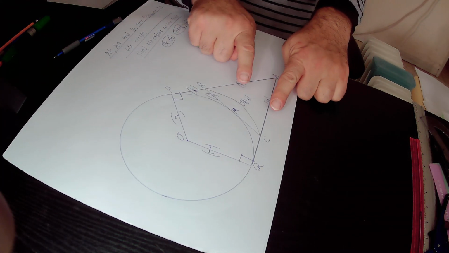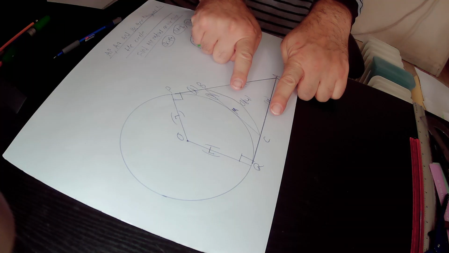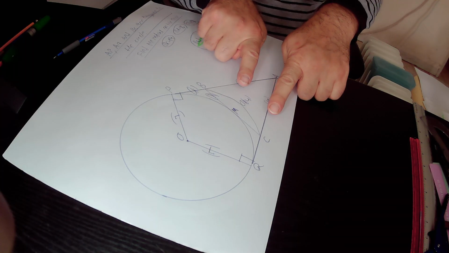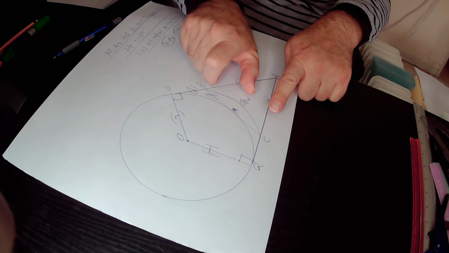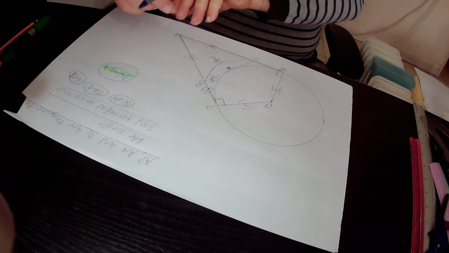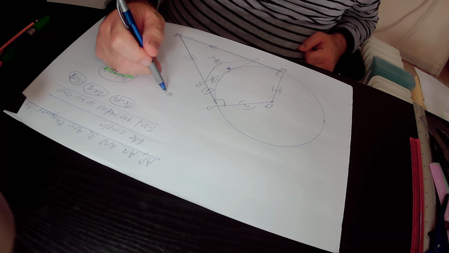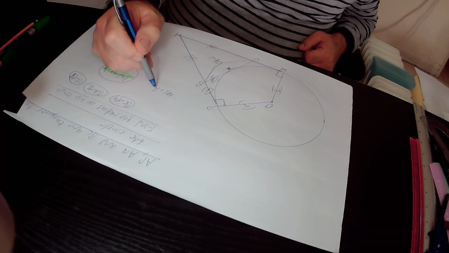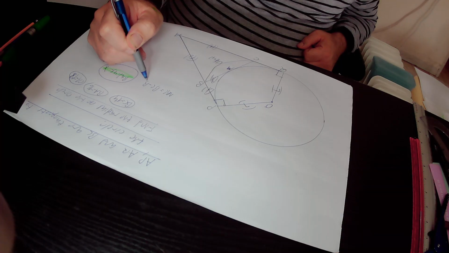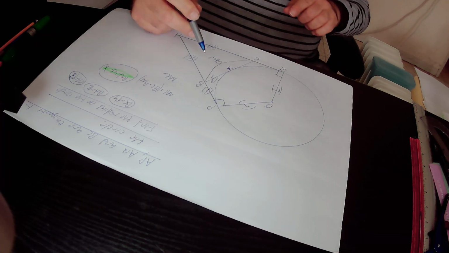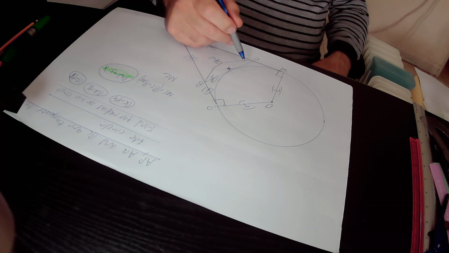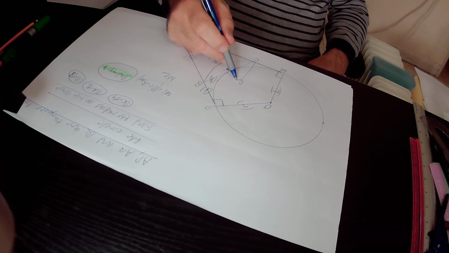What is the length of this missing line segment MC? MC equals BC minus BM. BC equals 14 units according to what is given in the question.